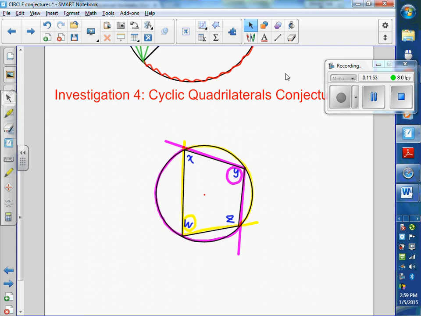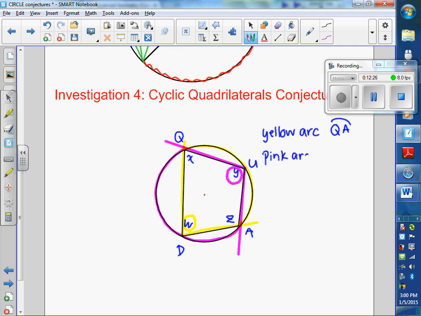So the yellow arc, which we will label QA, and the pink arc looks to be a major arc, so we will label that QDA.